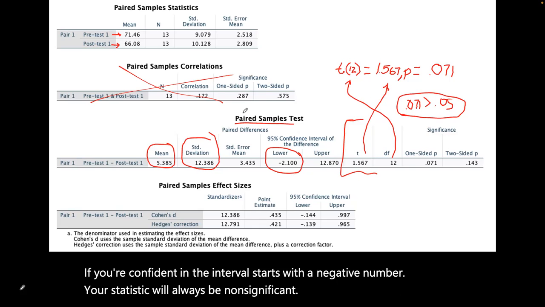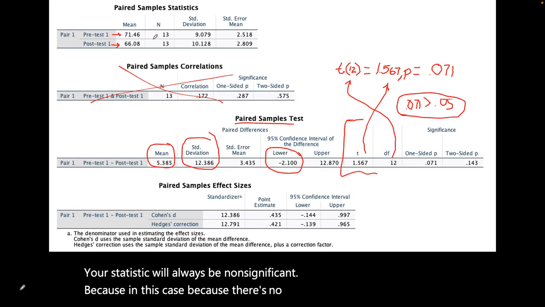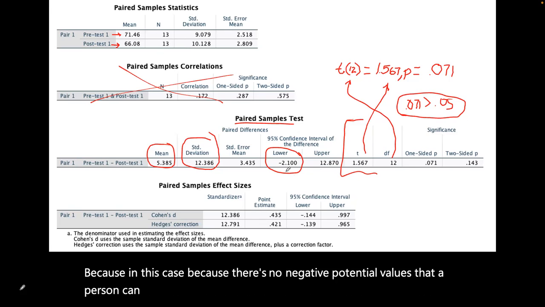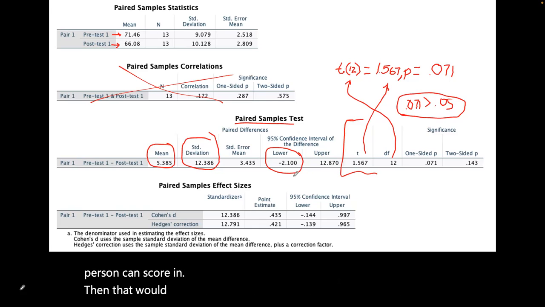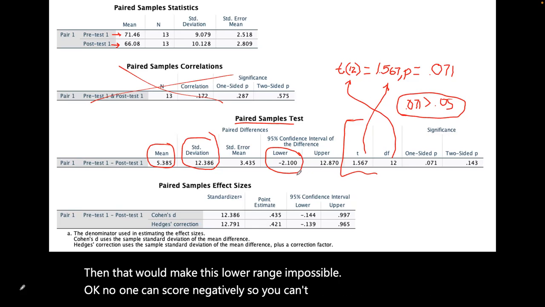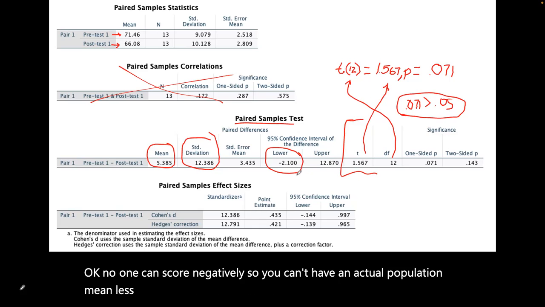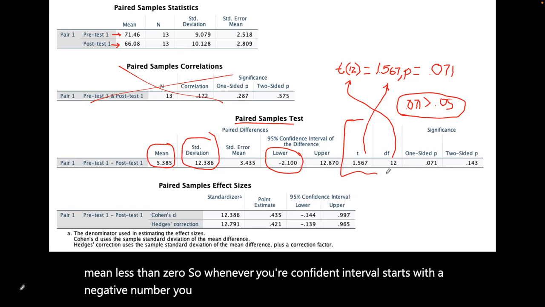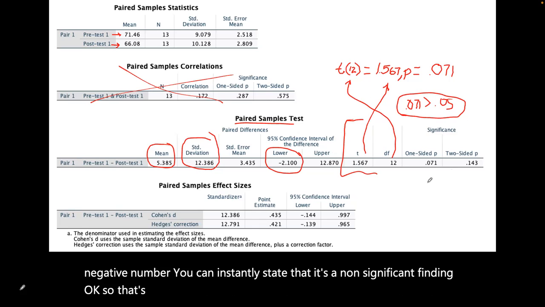Because no one can score negatively, there are no negative potential values, so you can't have an actual population mean less than 0. So whenever your confidence interval starts with a negative number, you can instantly state that it's a non-significant finding. So that's another way you can look at this test.